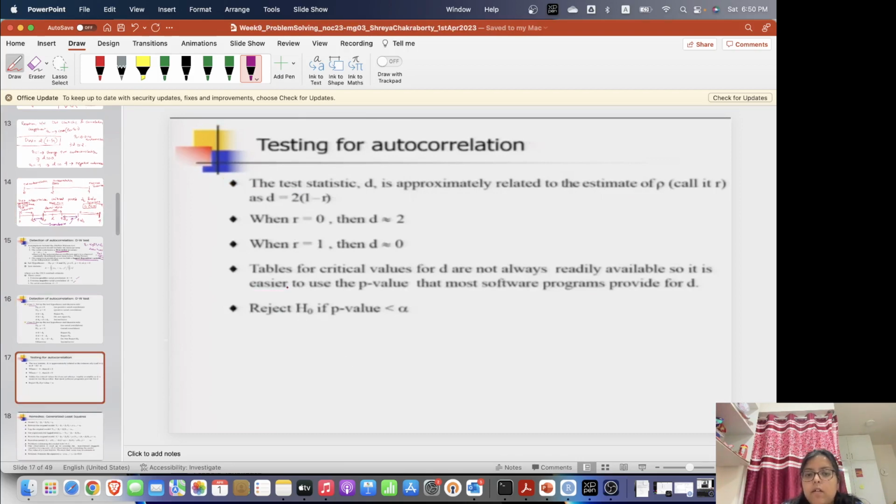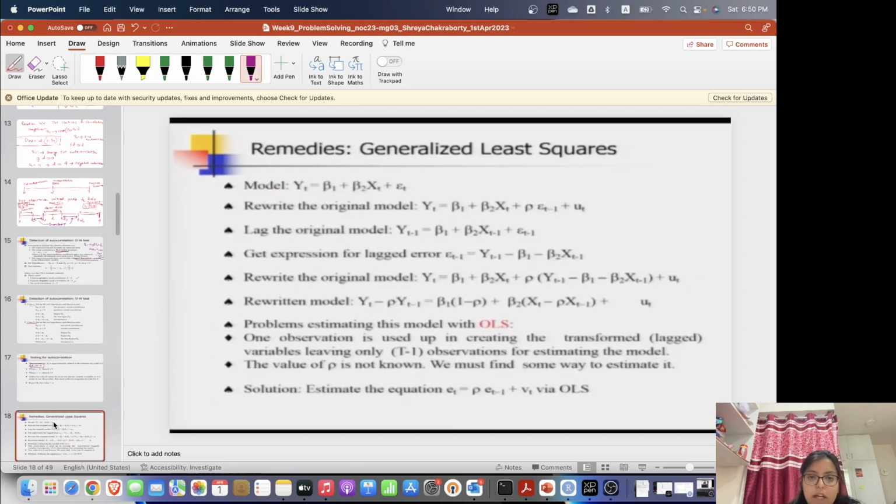Here also this relationship that I was talking about, d equal to 2 into 1 minus r, and how we were deriving it. So the remedy is to use generalized least squares. We lag the original model and get an expression for the lagged error, rewrite it, estimate the rho using the residuals, and then putting the values of rho here, we use OLS and get the adjusted, autocorrelation corrected regression estimates. Is it okay? Is it clear?